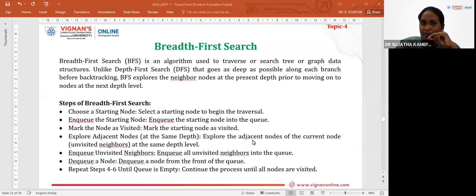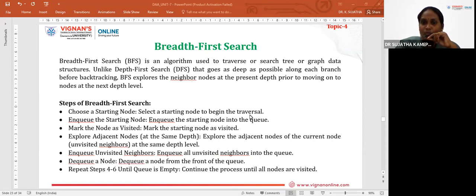But in the case of breadth first search, it explores the neighboring nodes at the present depth prior to moving on to the next depth level. So before moving to the next depth level, it visits all the neighbors. The main idea of breadth first search is to visit all the neighbors at a particular depth level before moving to the nodes at the next depth level. This is implemented using a queue data structure to manage the order of the node traversals.